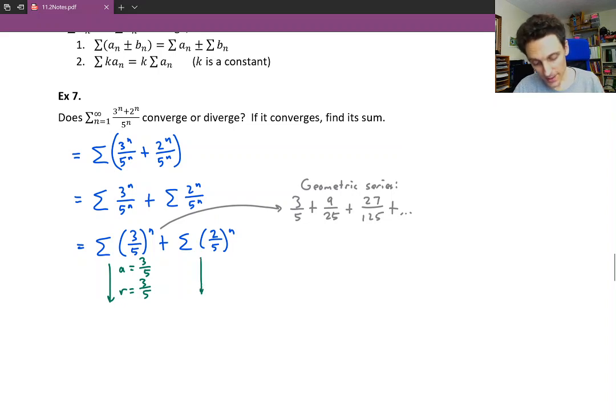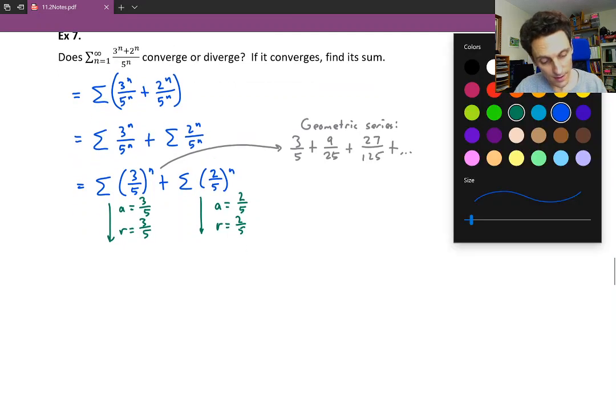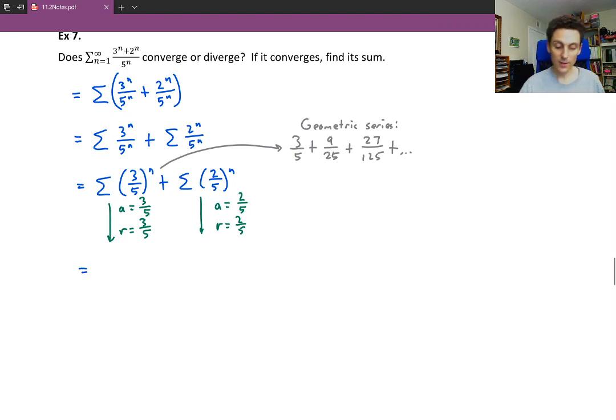And in a similar way, the second series is a geometric series. Here, the first term is going to be 2/5, and the common ratio will be 2/5. Now we talked about a heuristic for determining whether or not a geometric series converges or diverges.